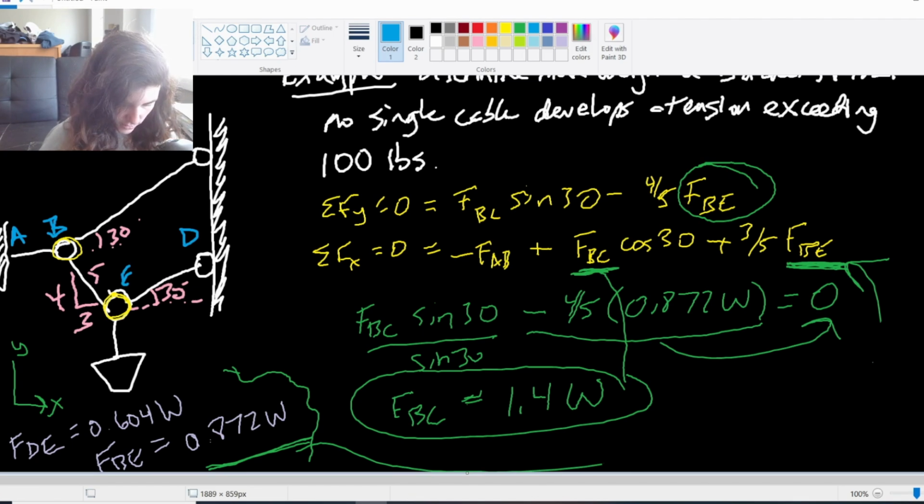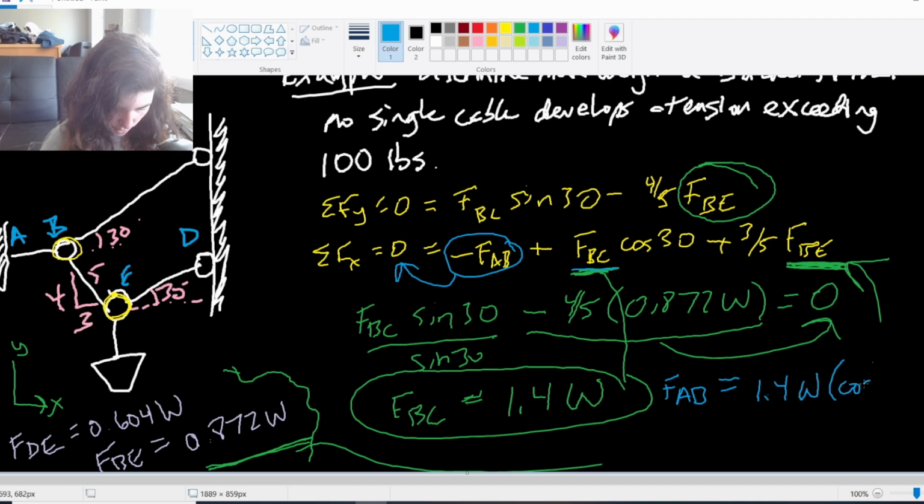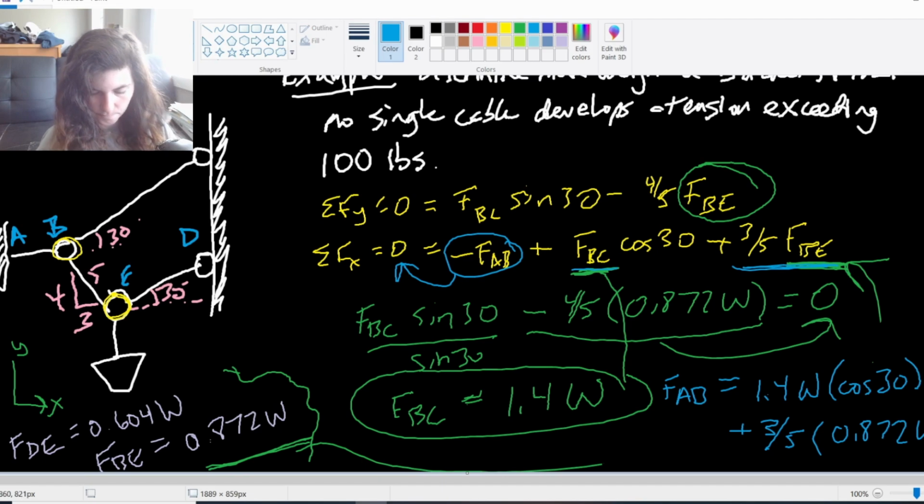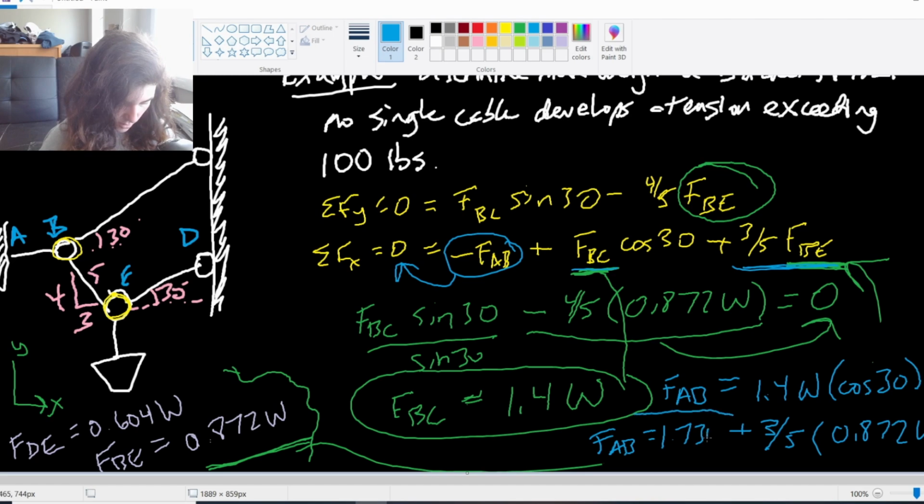Our equation is now, if I add F_AB over here, I can say F_AB equals F_BC, which was 1.4 W, times cosine 30, plus this term is 3/5 F_BE, which was 0.872 W. So now I just combine these and I get that F_AB equals 1.73 W.